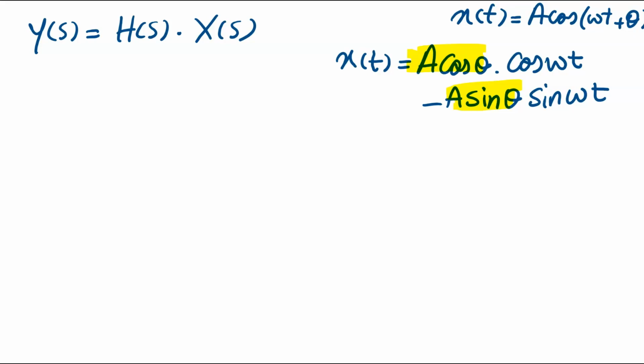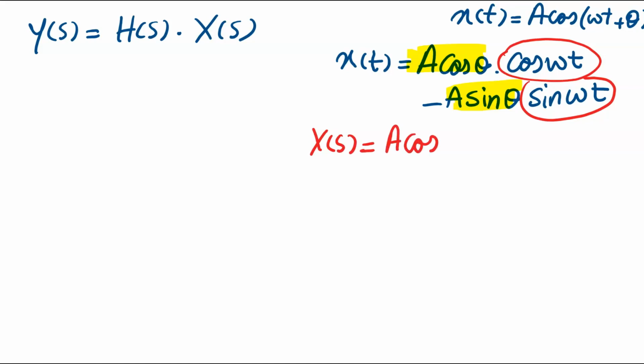If I'm looking for the Laplace transform of this in order to describe X of s, I have to find the Laplace transform of cosine and then the Laplace transform of sine. So X of s is going to be equal to A cosine of theta multiplied by the Laplace transform of cosine of omega t, which is s over s squared plus omega squared.